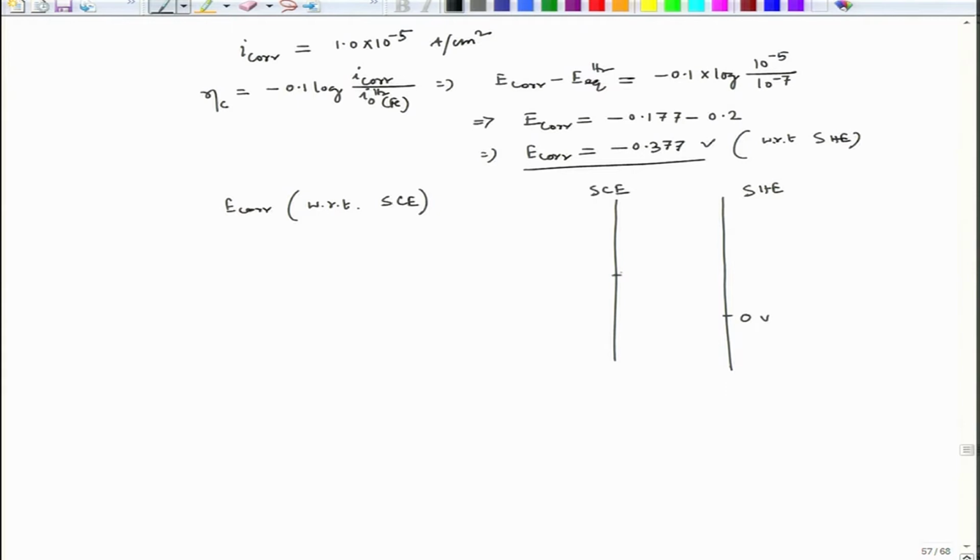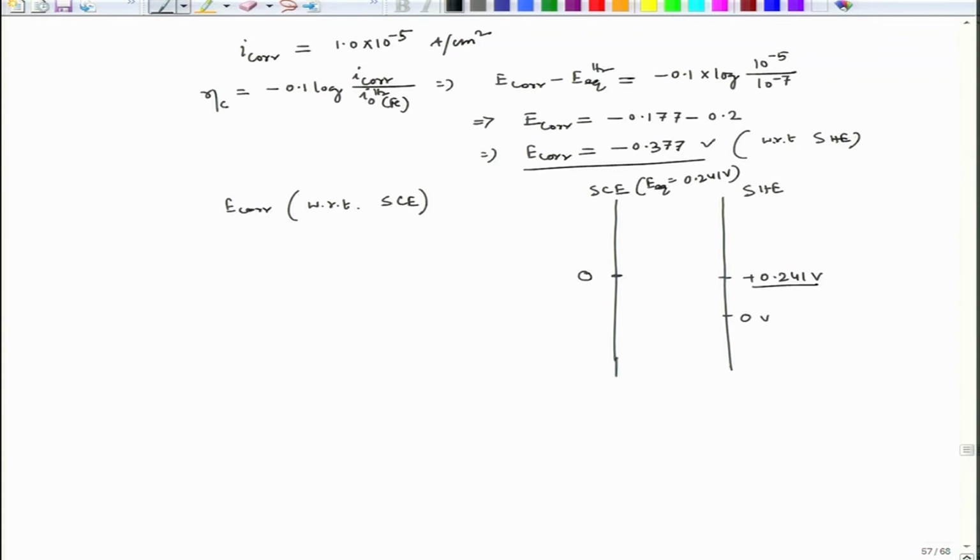So, the 0 point corresponds to plus 0.241 volt. This is the standard calomel electrode, E equilibrium equal to 0.241 volt. So, this is the standard voltage of standard calomel electrode with reference to hydrogen electrode. So, that will be considered as 0 when we measure any voltage with reference to standard calomel electrode.